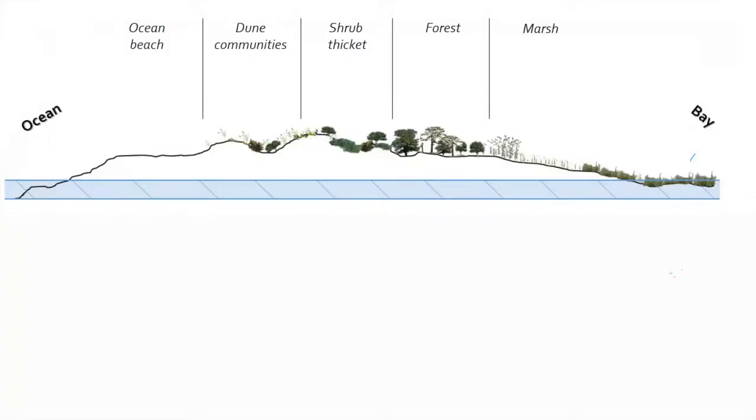So succession is an ecological process in which newly exposed landforms undergo species structure changes of the ecological community over time. In coastal barrier islands, communities typically look something like this, where we have the exposed ocean beach that I just showed you in the previous video, dune communities, shrub thickets, forest, and marsh.